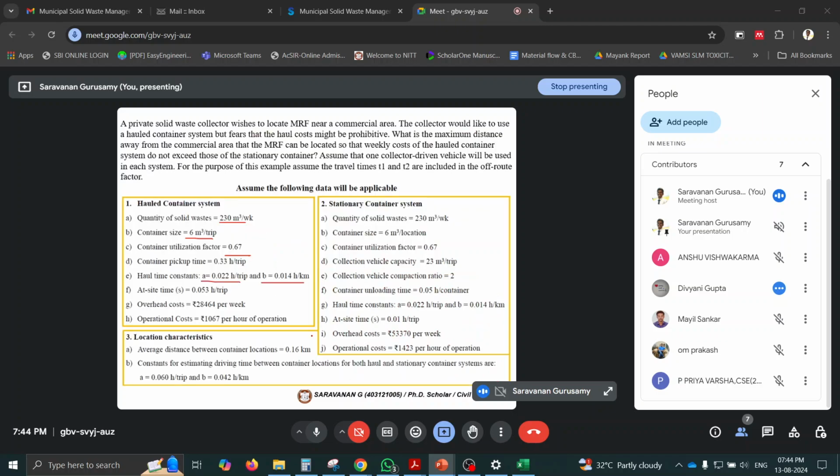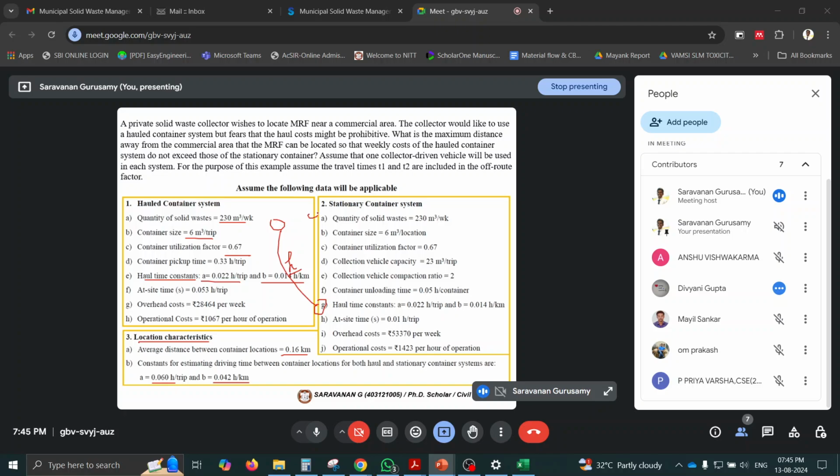So in the question, if you see, location characteristics was given. For that, location between the containers is X, A and B. This is haul time constant. Haul is location to the site, that is H. So for H calculation, A, B, X. X we don't know. That's what they are asking. Okay, sir. So everything is travel in terms of speed only.